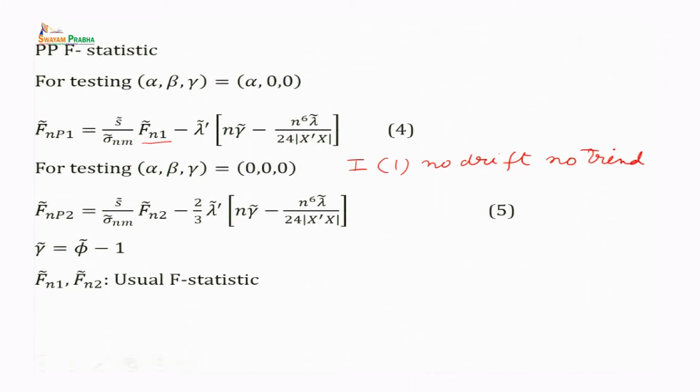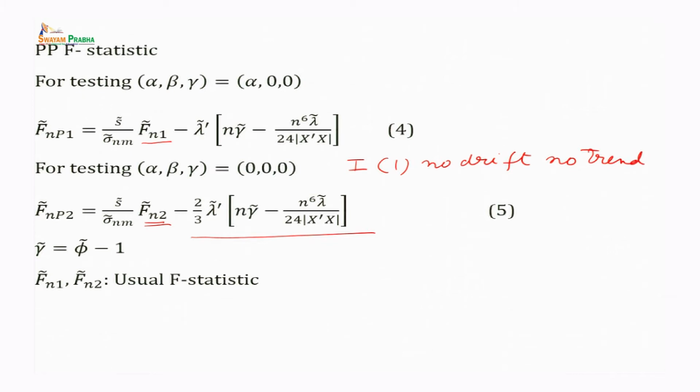Then again you can use this F statistic given by Phillips and Perron, F curl n P2 equal to S curl upon sigma curl n m, F curl n2, this is the usual F statistic. Then we have this term also which adjusts for the autocorrelations.